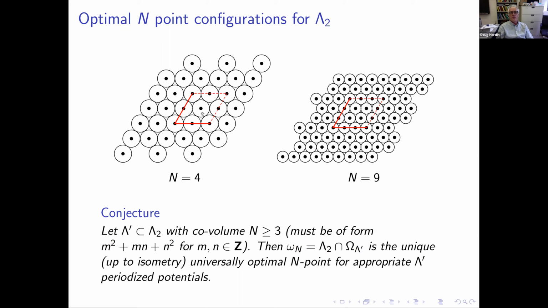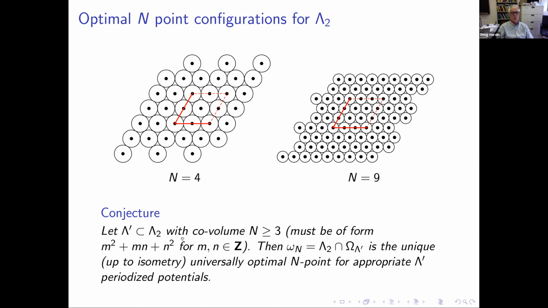And then the conjecture is that this 4-point configuration is optimal for all theta functions, or more generally, for any periodization of a completely monotone function of distance squared with sufficient decay. All right. And then for 9, these 9 points are optimal. Okay, we can't prove it, but they are conjectured to be optimal.